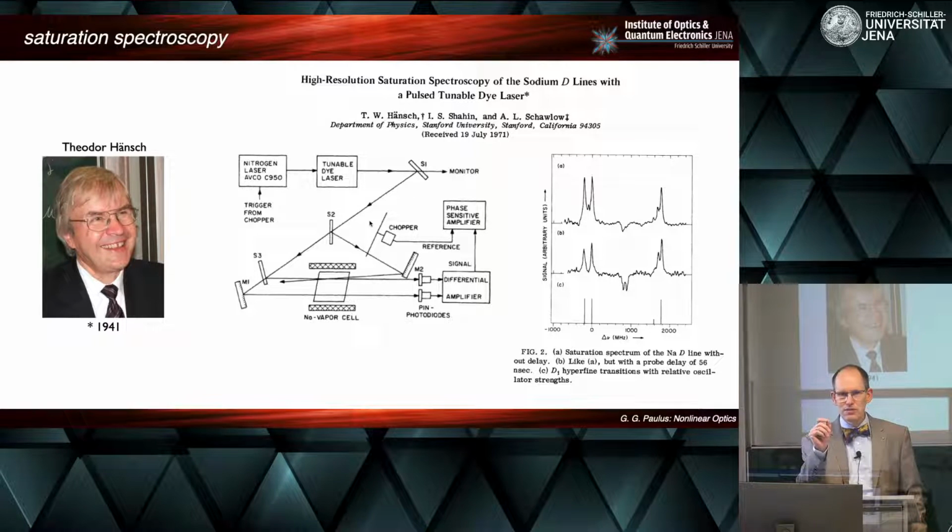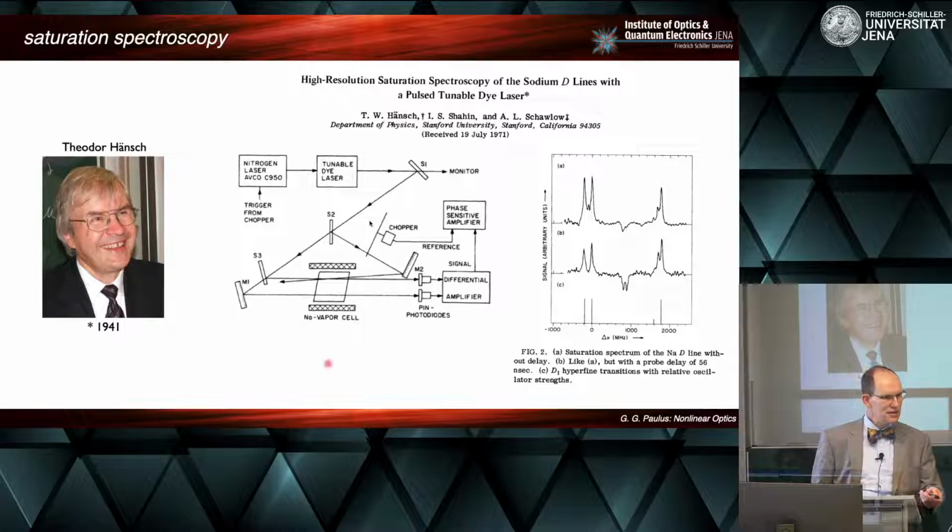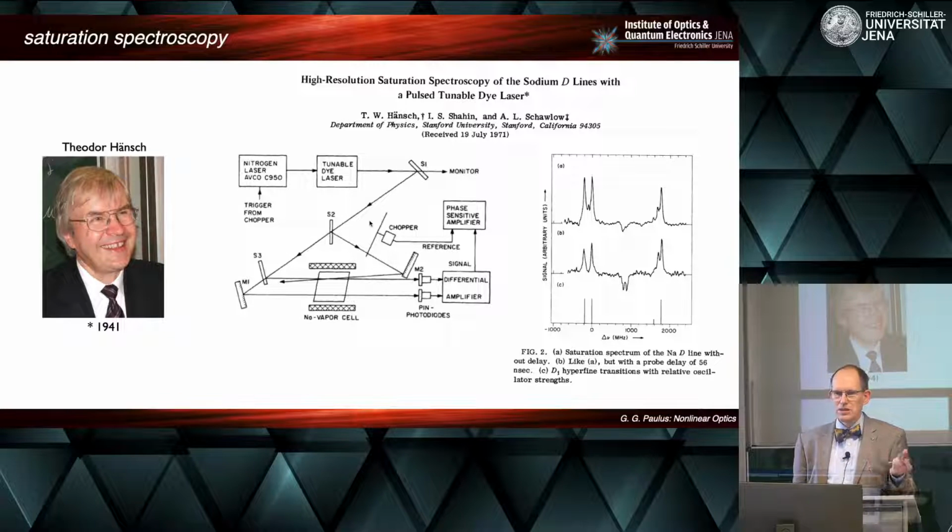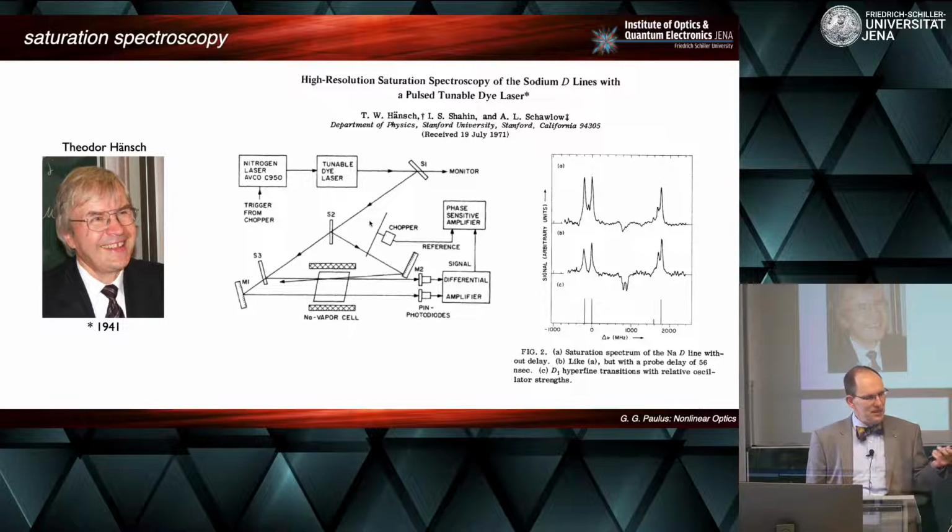So to find the homogeneous line width, say, of the sodium transition, and I think this here is also on the sodium D line, to find the natural line width has been a challenge, right? And now they did the following trick.